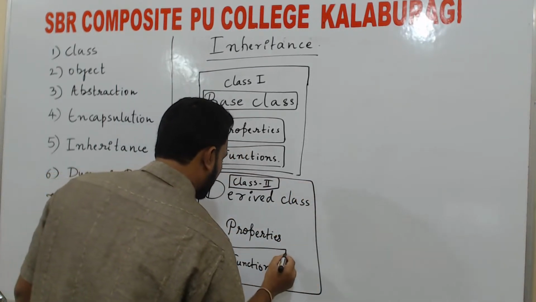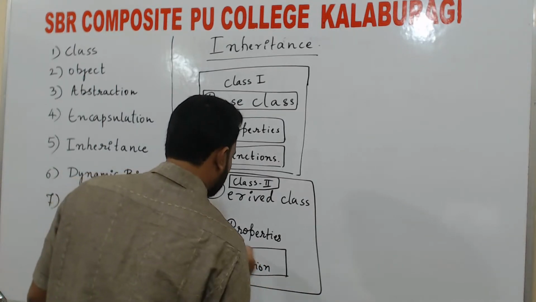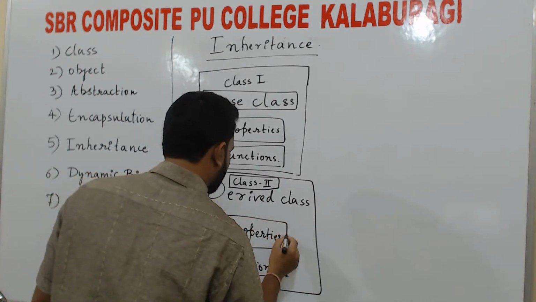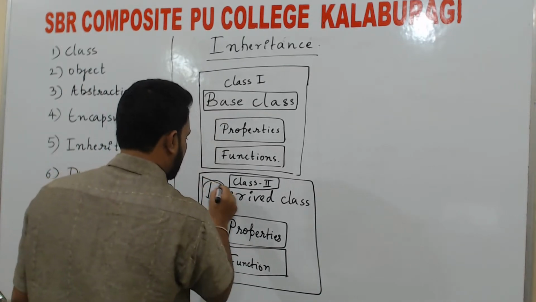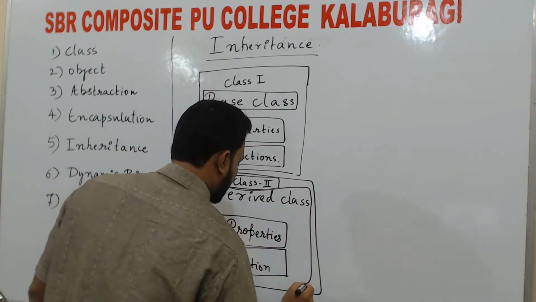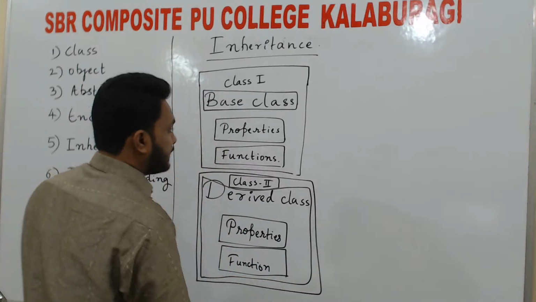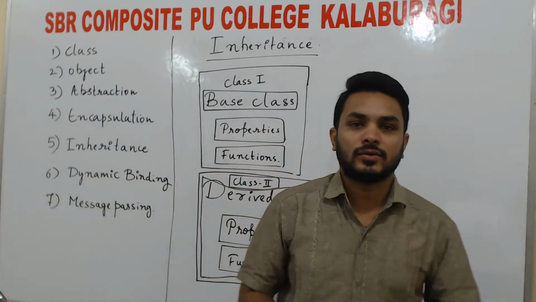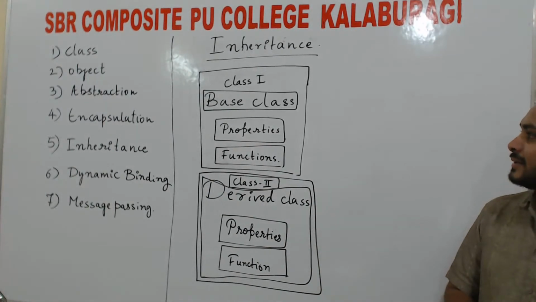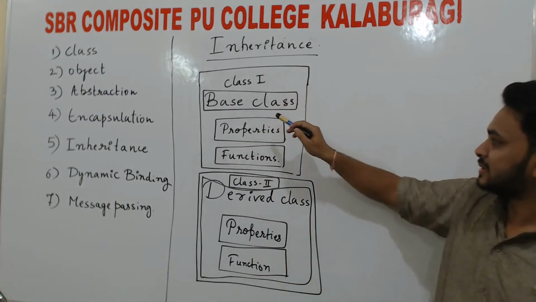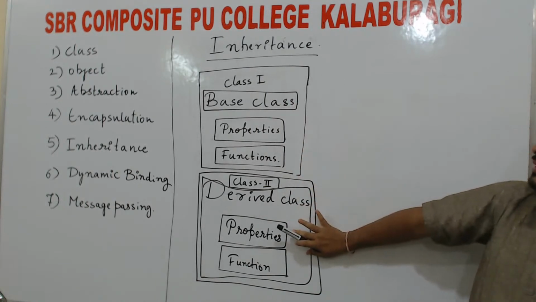It contains properties and the functions. This explains the inheritance concept. What exactly does it include? Two classes. This is class 1. This is class 2.